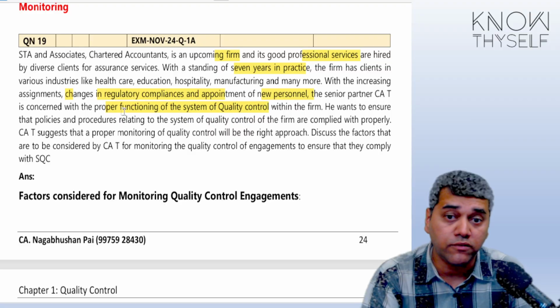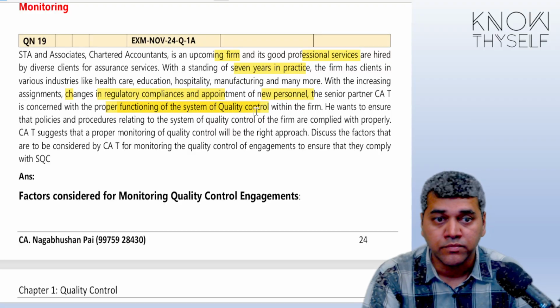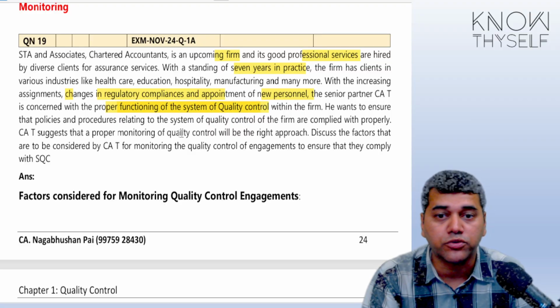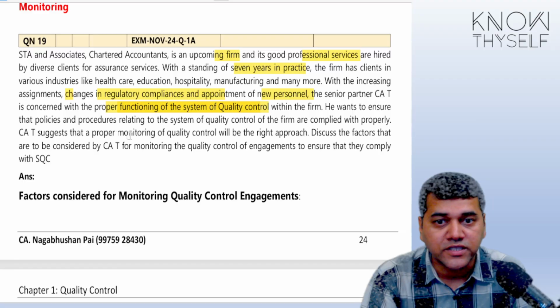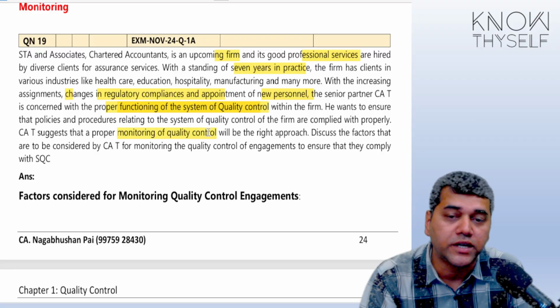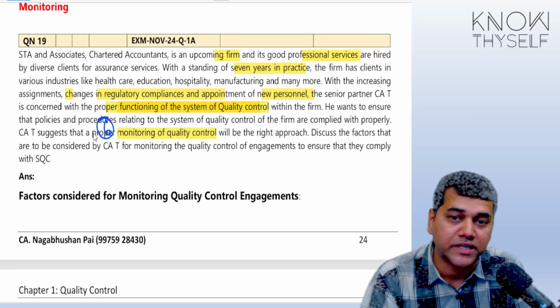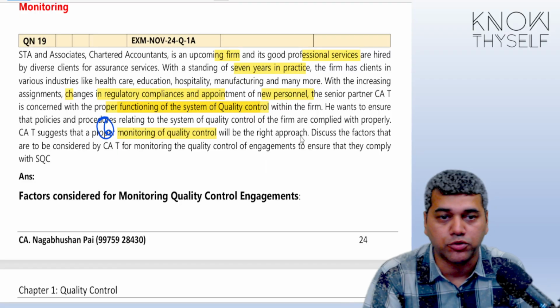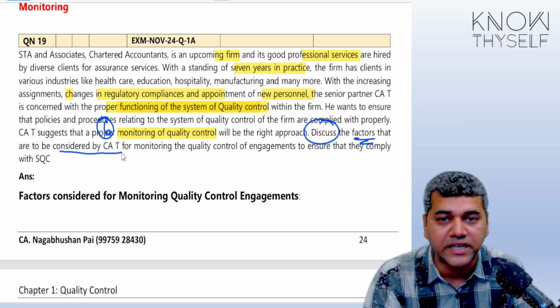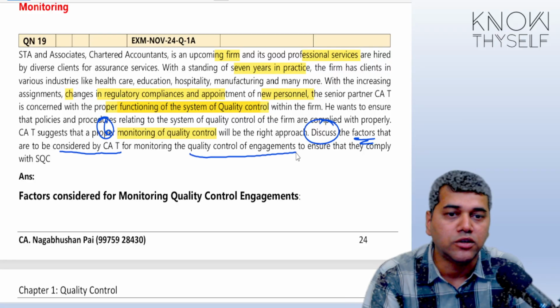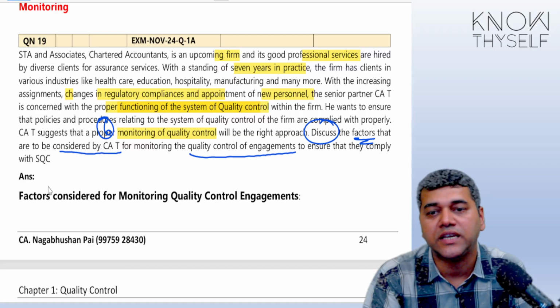See how many regulations you have to understand. So you need to have a very good quality control system. We want to ensure that the policies and procedures are complied with properly. So he suggests proper monitoring of the quality control. This is the 6th element. That will be the right approach. Discuss the factors that should be considered by the CA monitoring the quality control elements to ensure that they comply with SQC.